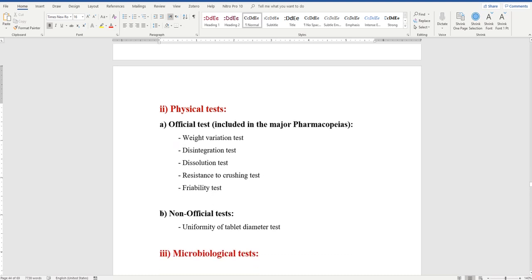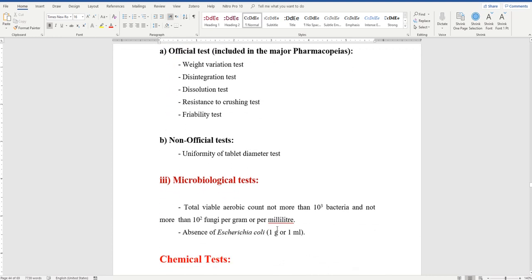The other category is non-official. Non-official, still these tests can be done, but there is no such requirement in the pharmacopoeia, although standards do exist for such tests. Here we will only talk about the uniformity of tablet diameter test.